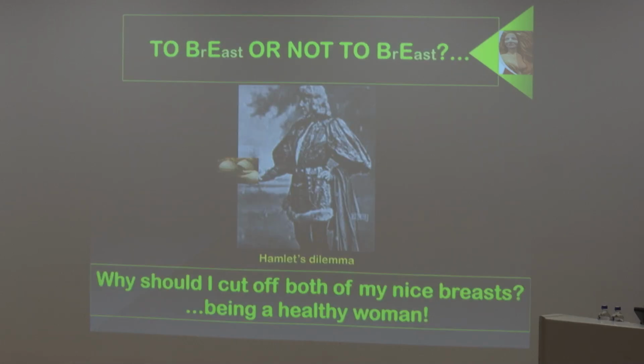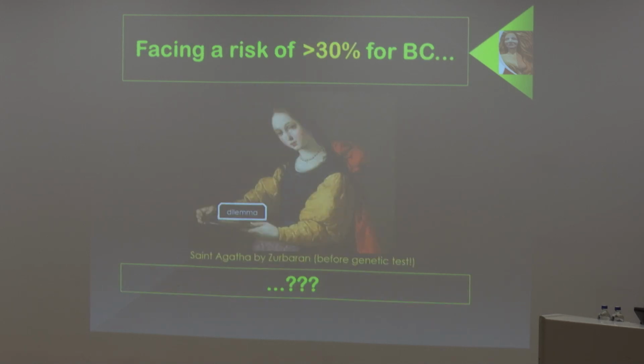We come to Hamlet's dilemma, and this Hamlet has the breast of, you will see who. And the dilemma is, why should I cut off both of my nice breasts being a healthy woman? Because of facing more than 30% risk for breast cancer. This is Saint Agatha, and I explained for Muslims that this is a Christian saint who suffered the martyrdom of having both breasts cut.